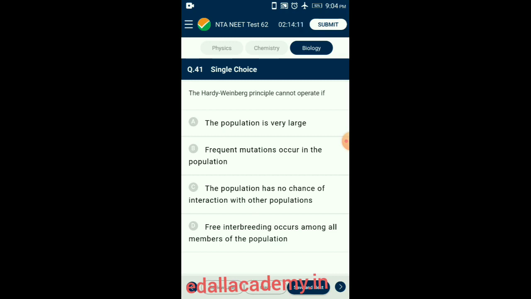Mutation does not occur, or if it does, it must reach a state of equilibrium. All the members of the population survive and have equal reproductive rates. Hardy and Weinberg, through this law, have been able to explain why a population as a whole, with all its variations and genotype frequencies, continues to remain unchanged for many generations. So the answer is option B. Frequent mutations occur in the population.